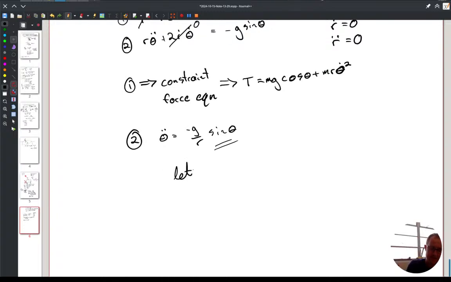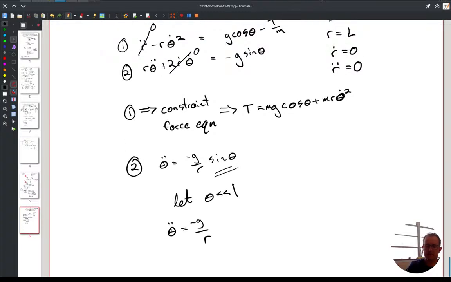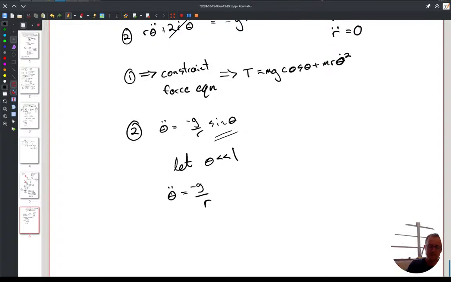So we can say let theta be much less than 1. Now theta double dot is negative G over, oh, I'm calling it R. Yeah, I'll leave it as R because I already have this thing up here. Sine theta becomes theta. Now I basically have a spring that is gravity driven.